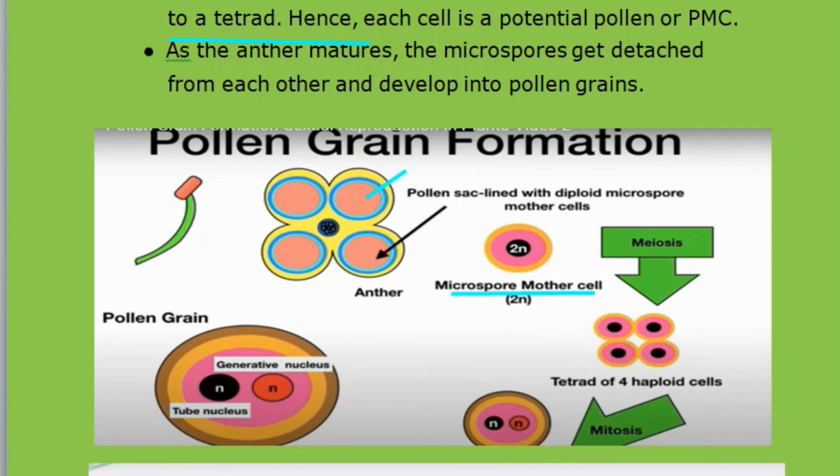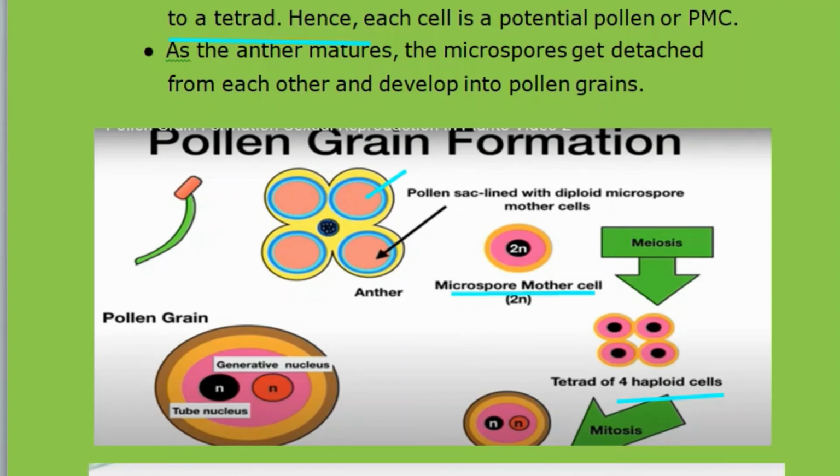Another term is meiocyte, which I told you in chapter 1 means the cell which undergoes meiosis. Most of these cells undergo meiosis, and after meiosis there will be production of four haploid cells.